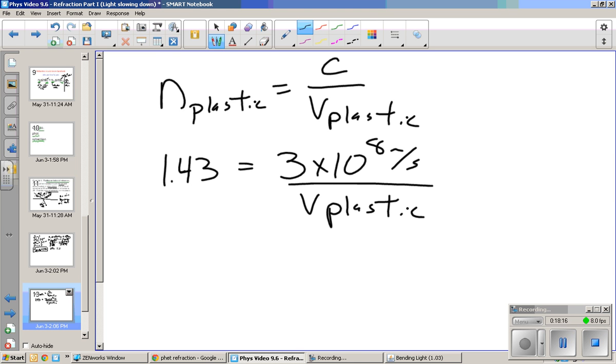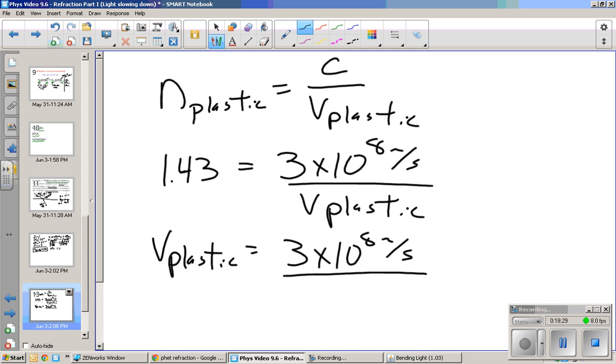If you algebra your way through this, you end up getting the velocity of light in plastic is 3 times 10 to the 8th meters a second divided by 1.43.